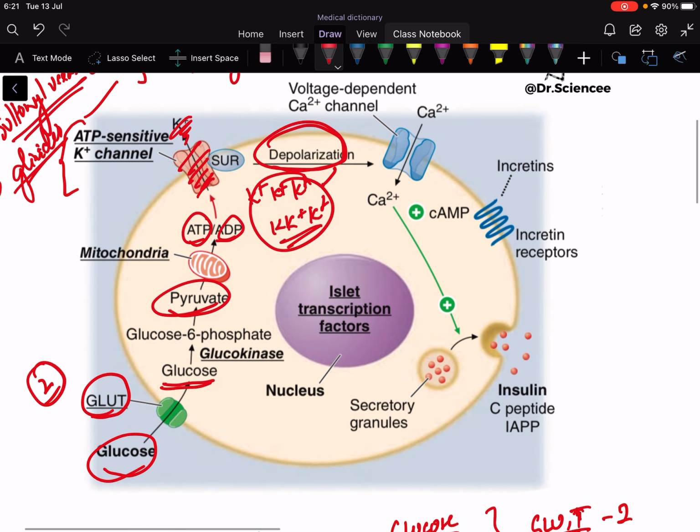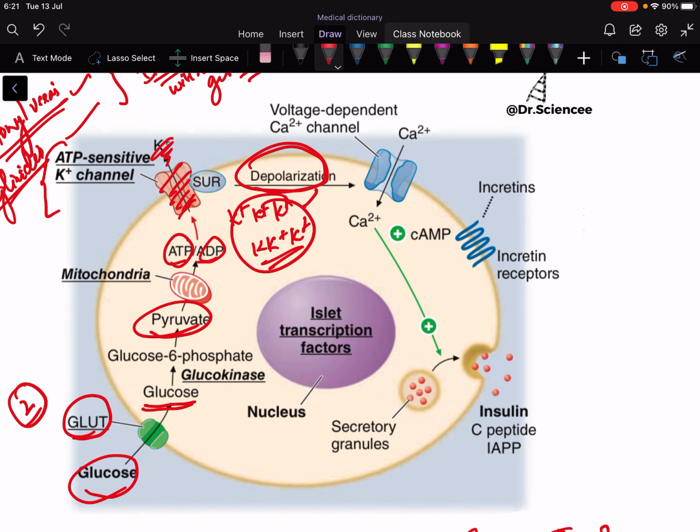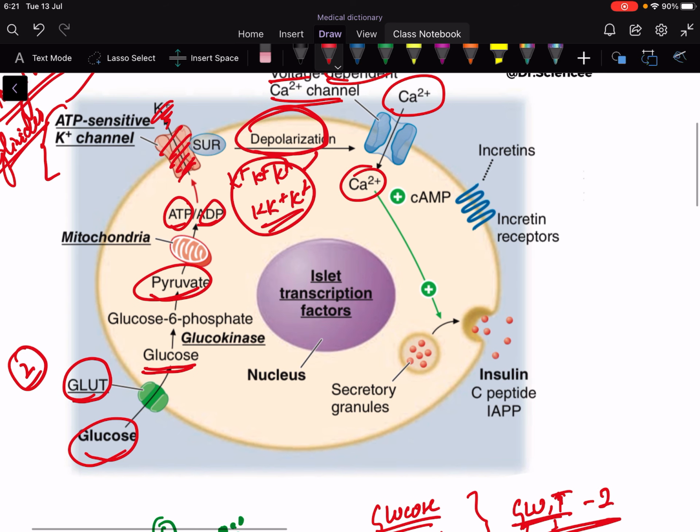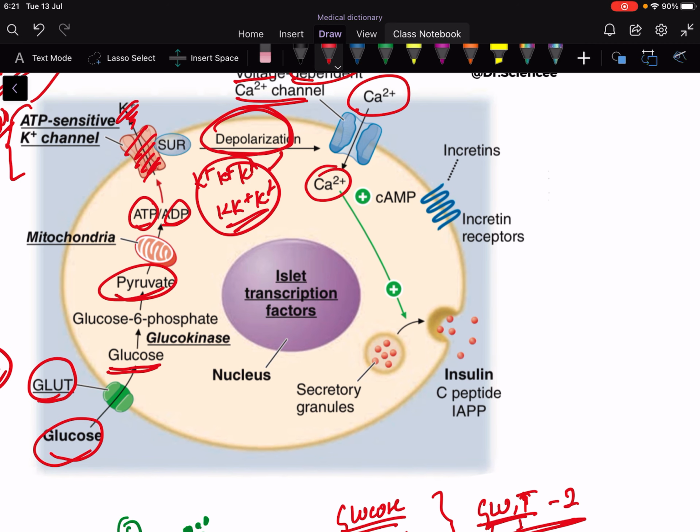Okay, so as you can see, once depolarization or voltage is produced, the voltage dependent calcium channels are opened and calcium is getting inside the cell. Once calcium is getting inside the cells, it will increase the cyclic AMP levels, and this increase in cyclic AMP levels will release the insulin to the outside.